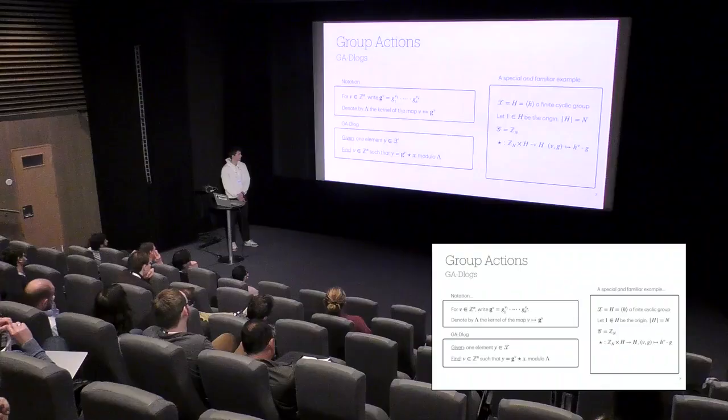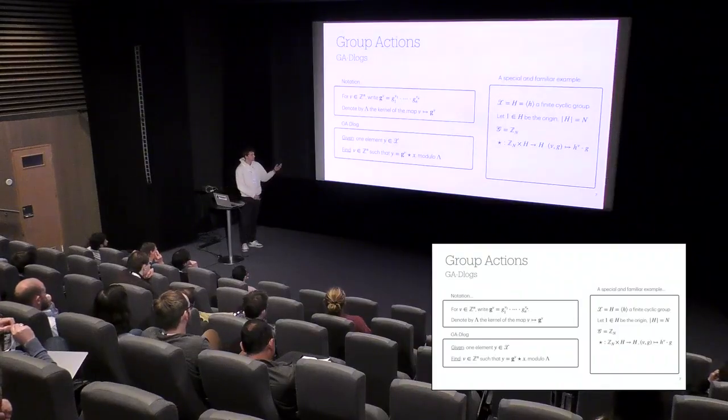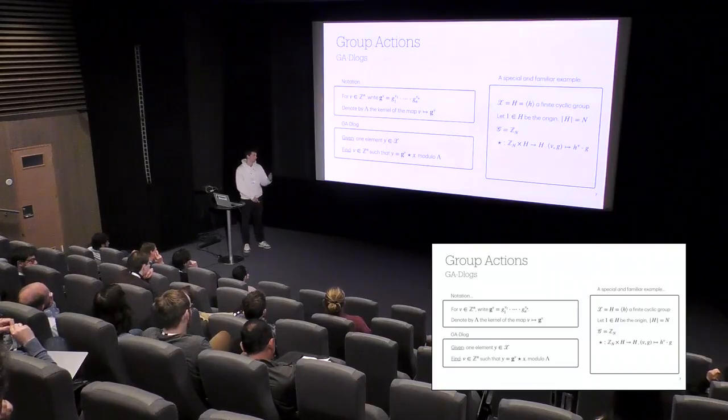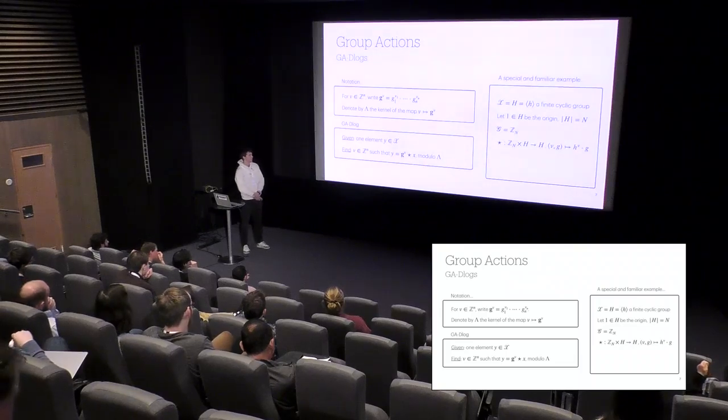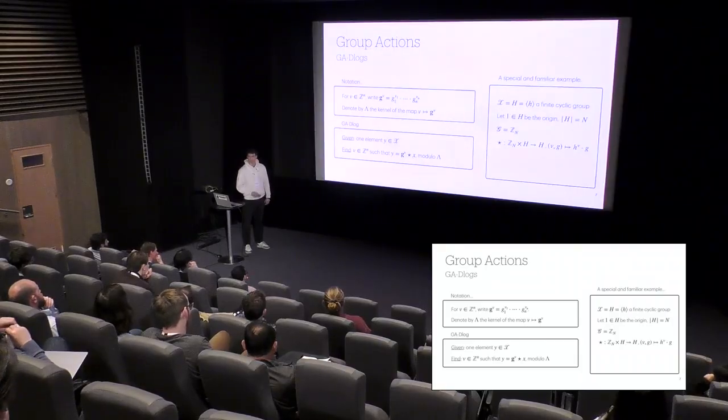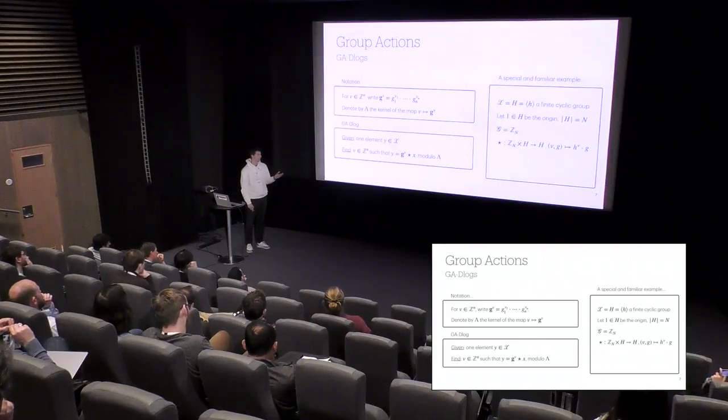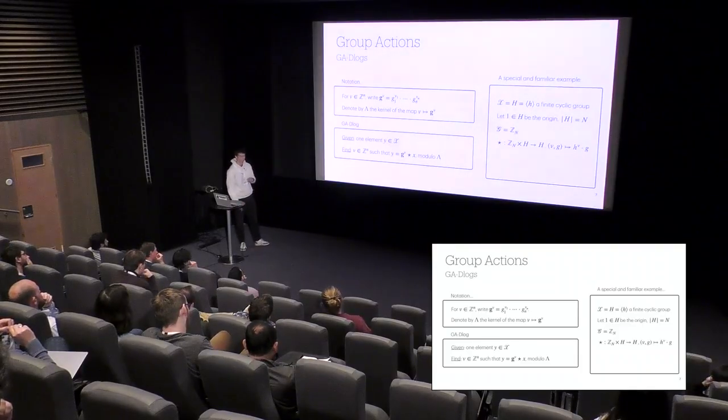Then the group action D-log problem is: given one element in the set X, find an integer vector such that that element can be written as bold g to the v acting on the origin, modulo lambda. And we require modulo lambda because, as also discussed in the previous talk, if you have such a solution to the GAD log problem and you add an element from lambda, that will still be a valid solution. So we want some kind of uniqueness modulo lambda.